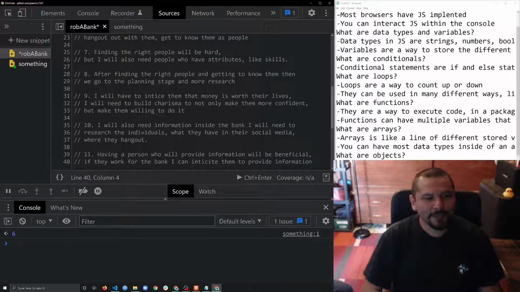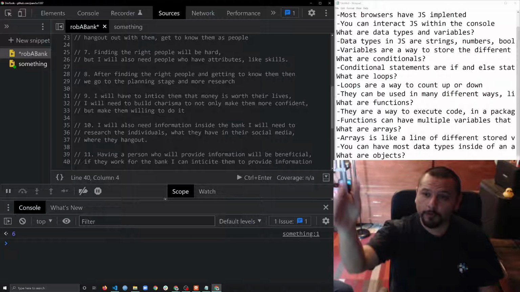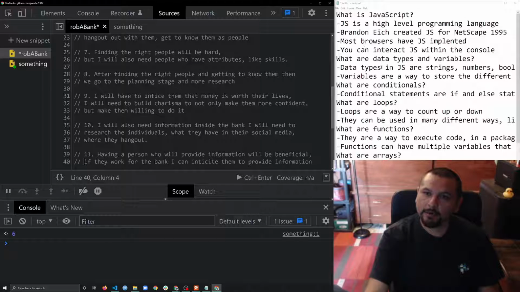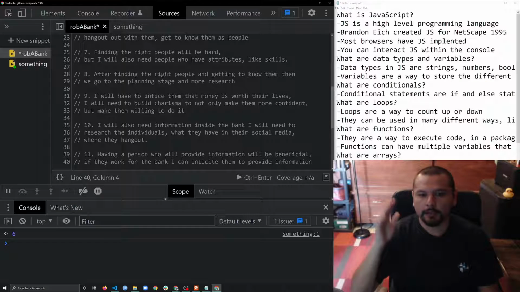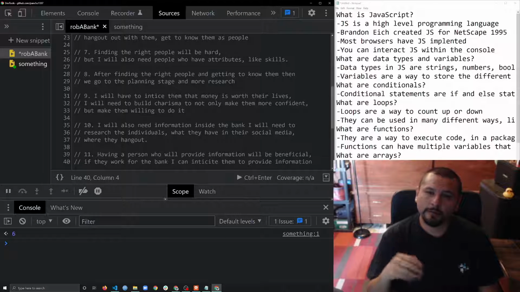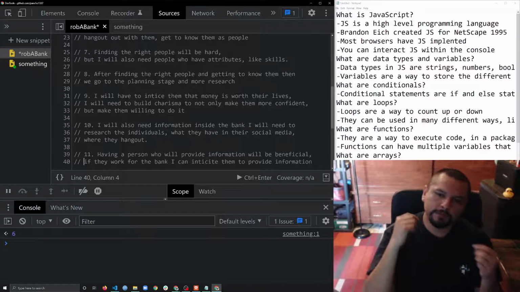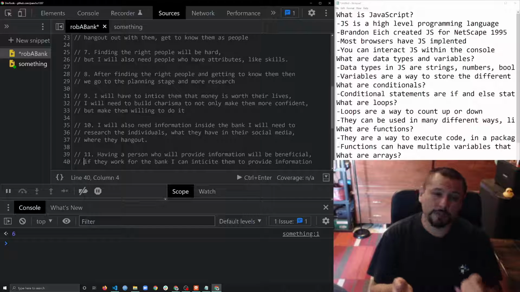So yeah, let's continue onward. We're going to go over these couple of things that I've written, one by one, until we finish everything. We're going to be making a bunch of videos about loops, functions, variables, getting introduced to JavaScript.